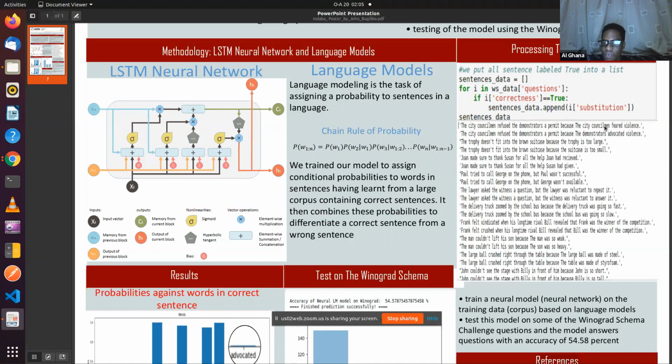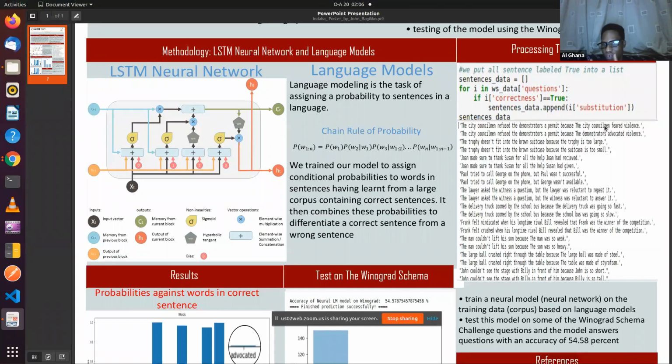We now replace with the actual nouns and test our model on it, because we train our model such that, based on the appearances of the sequences of words in a sentence, it is able to tell if this sequence gives a higher probability of the sentence being correct or wrong.